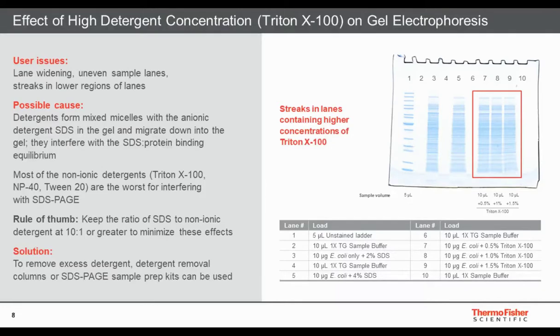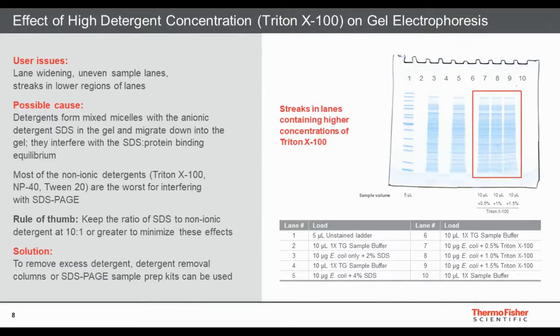So a rule of thumb for SDS-PAGE applications is to keep the ratio of SDS to non-ionic detergent at 10 to 1 or greater to minimize this artifact of disrupting the equilibrium of SDS and protein binding.